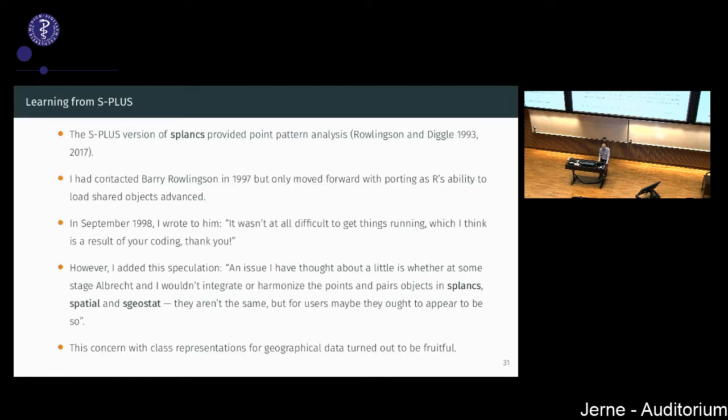So where did we get with developing packages? One of the things that we realized very early on was that it would be very helpful to establish a system of classes for containers for spatial data.